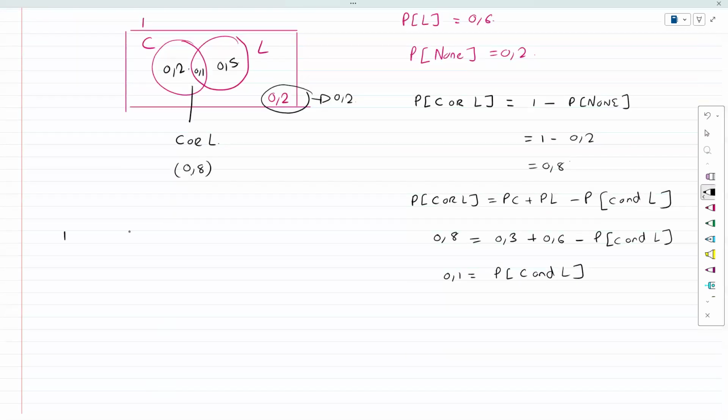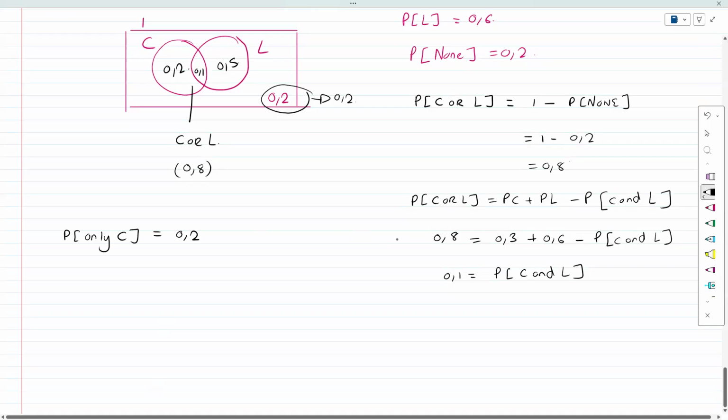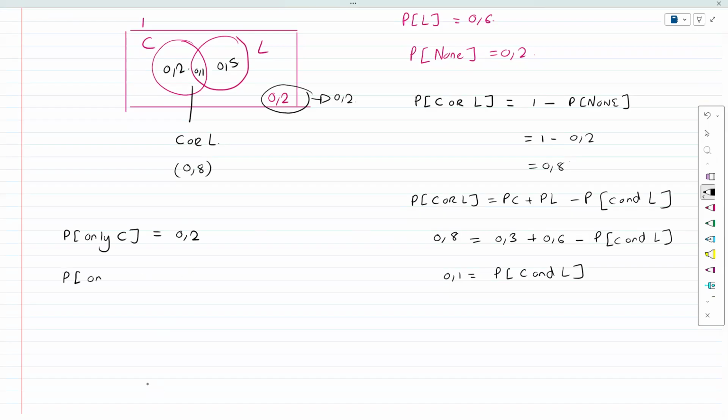The probability of only cola is equal to 0.2, or 20%, or whatever you want to say. And the probability that somebody only likes lemonade should be equal to 0.5, if I did not make a mistake, guys, because I could have made a mistake.